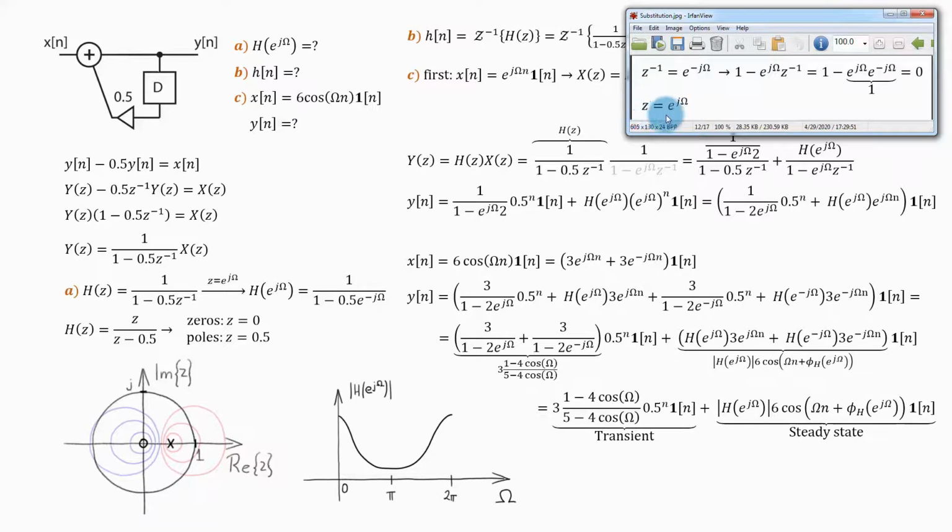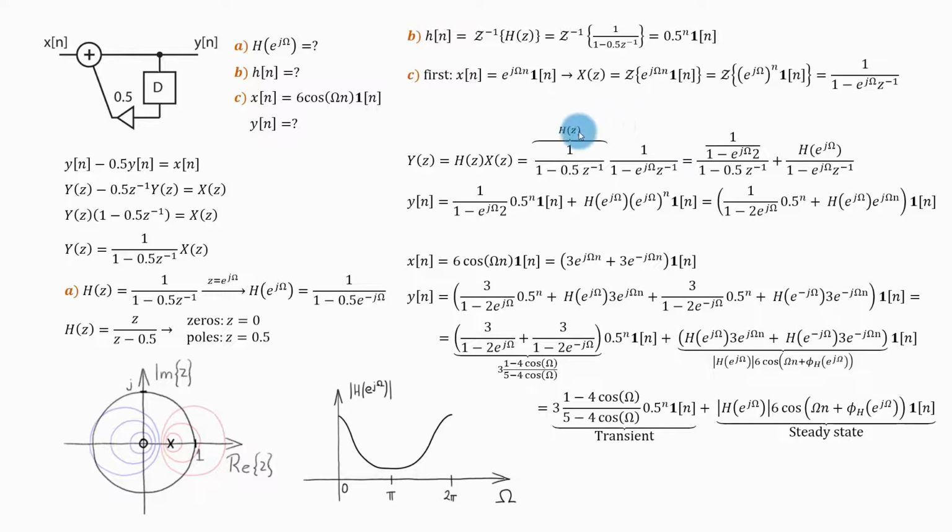So I will be making this substitution into the transfer function. And that will give me this. And this also happens to be the frequency characteristic of my system. So the constant in the numerator of this partial fraction will be given by the frequency characteristic at the normalized frequency omega, at this normalized frequency omega.